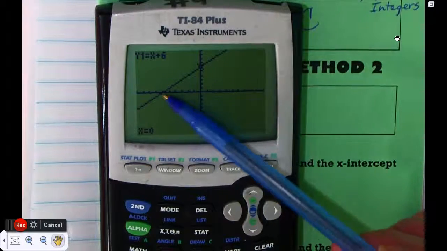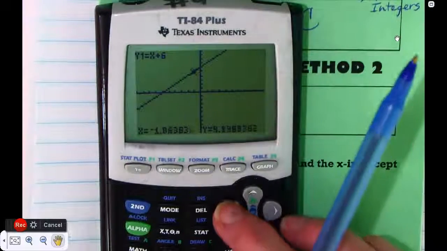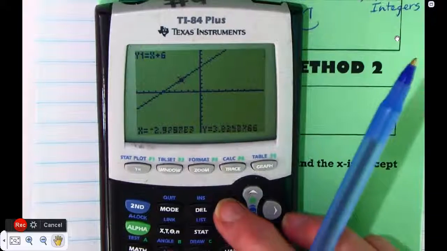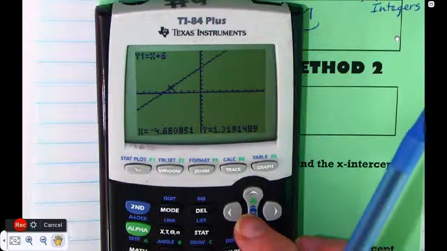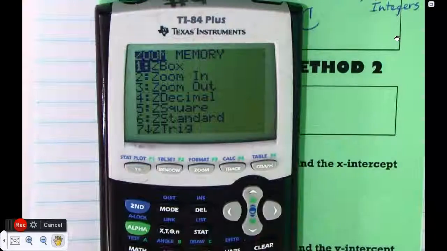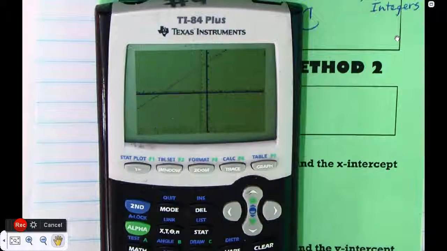Now, if I want the x-intercept, I'm going to move my arrow down. Oh, what's wrong? I'm seeing a bunch of crazy decimals, aren't you? So how can we get it off of that? Who remembers? Zoom, 8, enter.